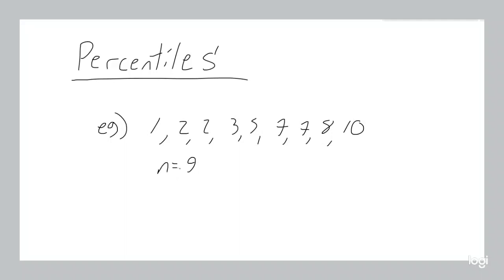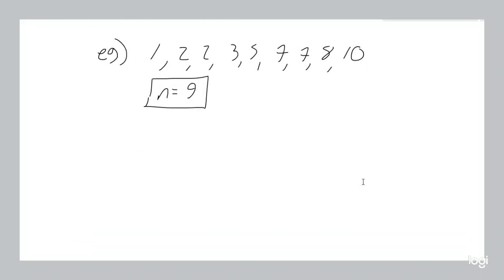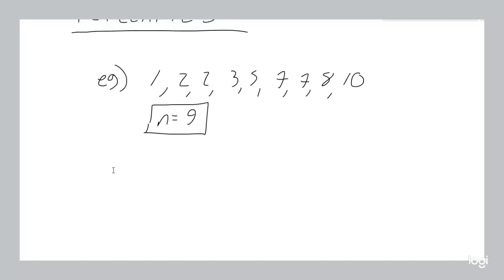So sample size equals 9. And I put the data points in order here already, and that's going to become useful because when you're calculating percentiles, you want to look at the data points in order because you're going to have to find the rank, as in the first data point, the second data point, the third data point, and so on, from smallest to largest. You're going to calculate that to calculate percentiles.